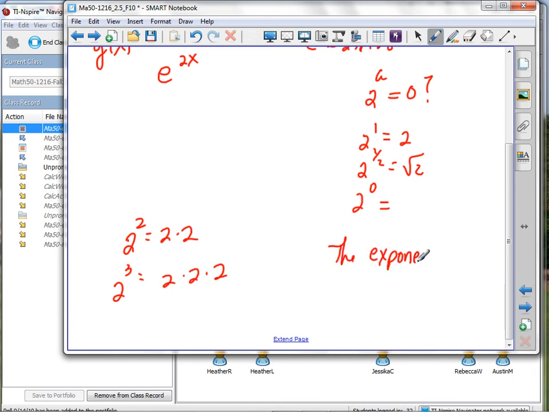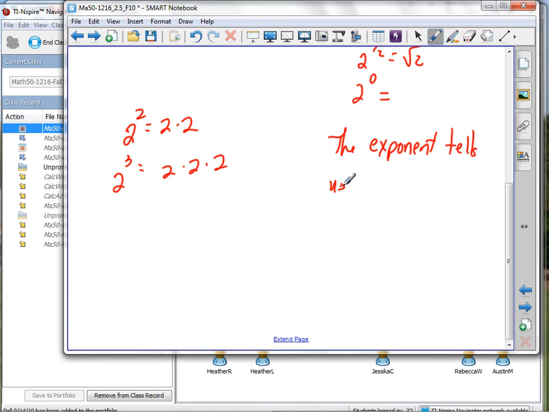The exponent tells us how many times we use the base as a multiplier, let's say factor, okay, as a factor. So if I have 2 cubed, I know I have 3 factors of 2. If I have 2 to the 5th, I'd have 5 factors of 2.